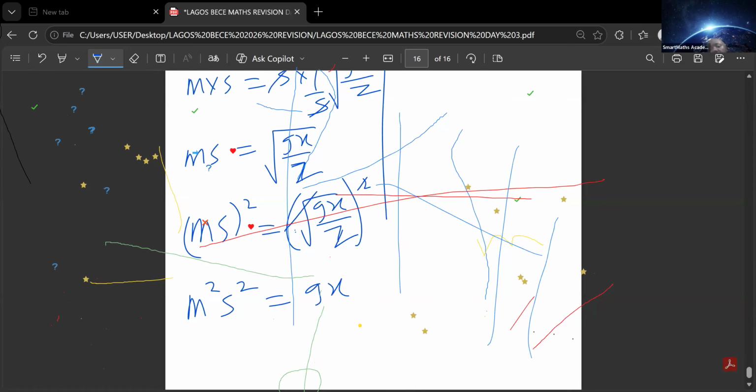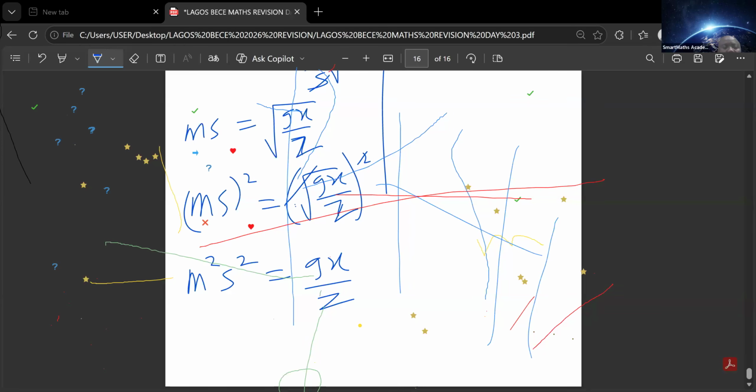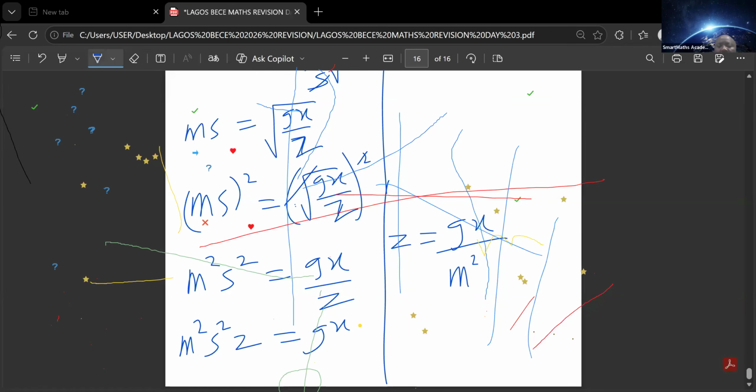So we can then cross multiply here. So that means m squared s squared z equals gx. What we are looking for is z. So z will then be equal to, we divide both sides, gx over m squared s squared.